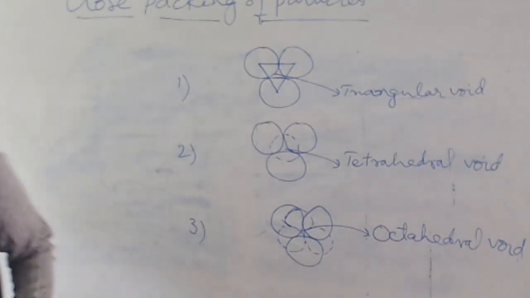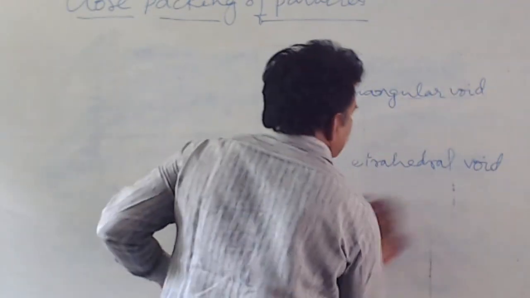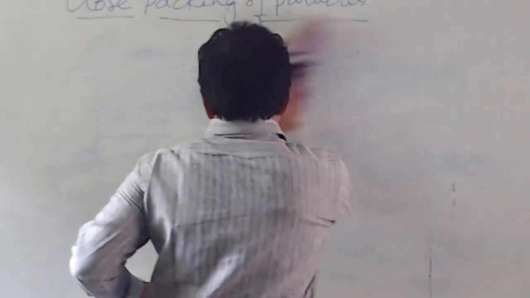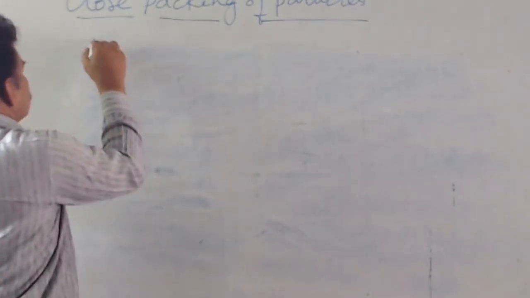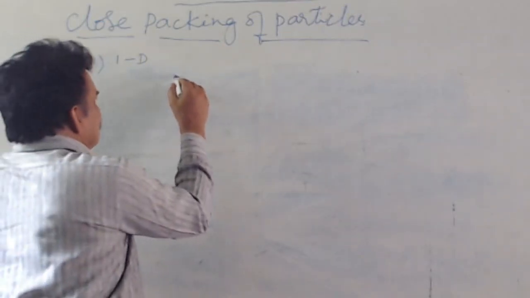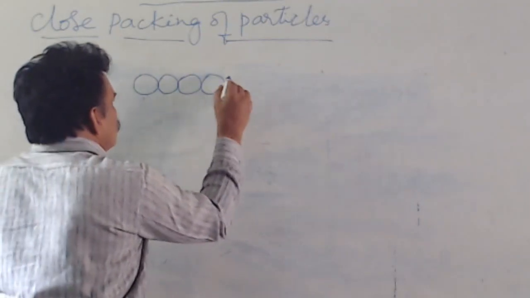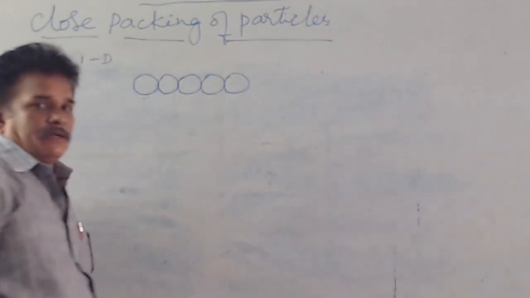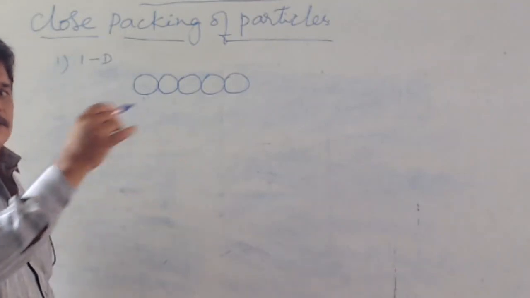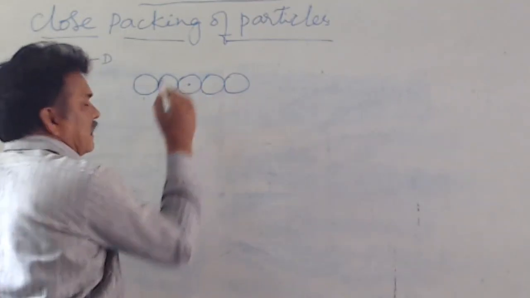First stage is packing of particles in one dimension. When these particles come close to each other like this, a linear structure is formed. See, this is the reference particle.